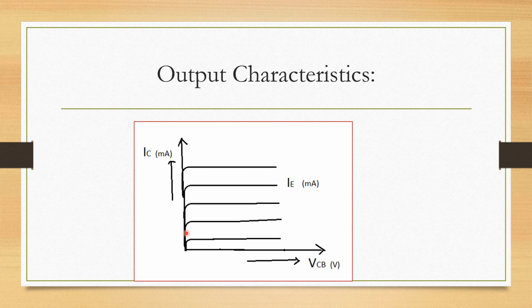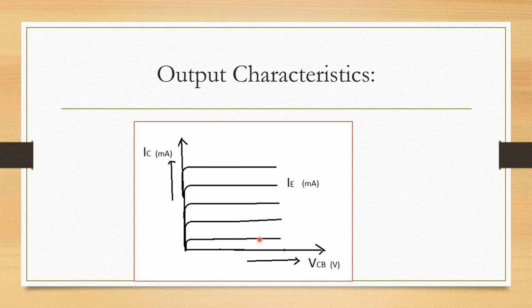One more thing we can observe in this output characteristics is that a large change in collector base voltage gives a very small change in collector current. Here we can observe, suppose this is the VCB, say this is 6 volt, and this is the 5 volt.